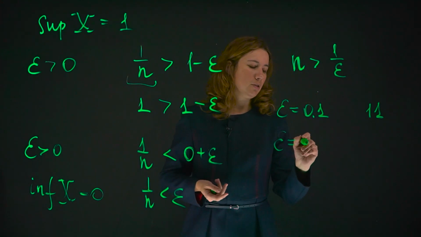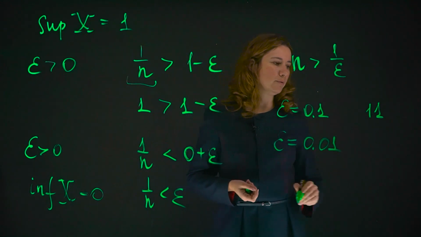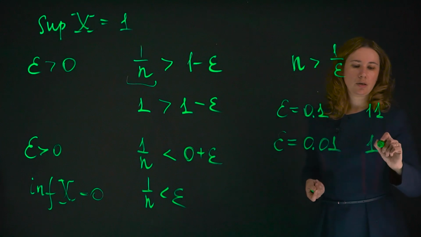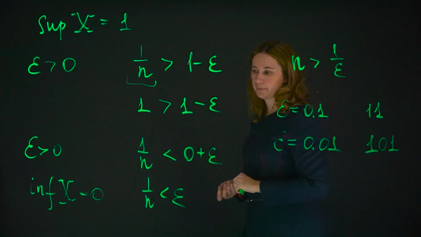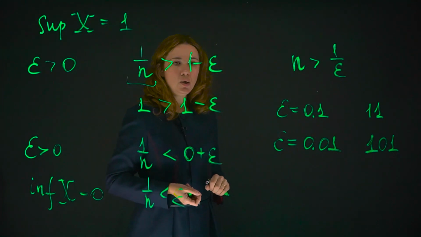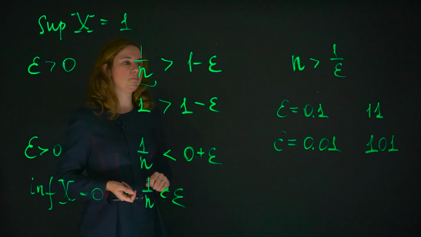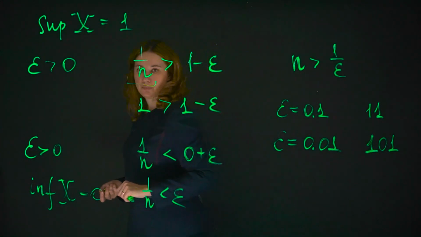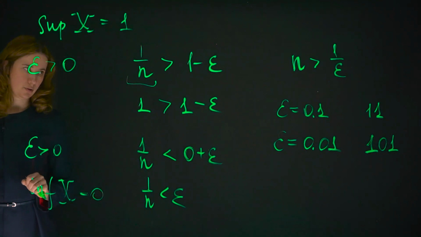If epsilon is 0.01, we can take 101 for such n. Well, so we can find this number, it exists, and it implies that the infimum is equal to 0.